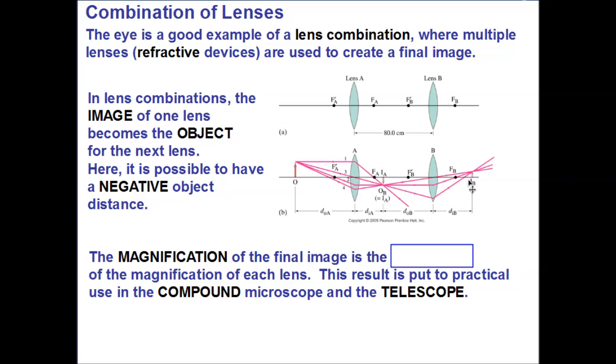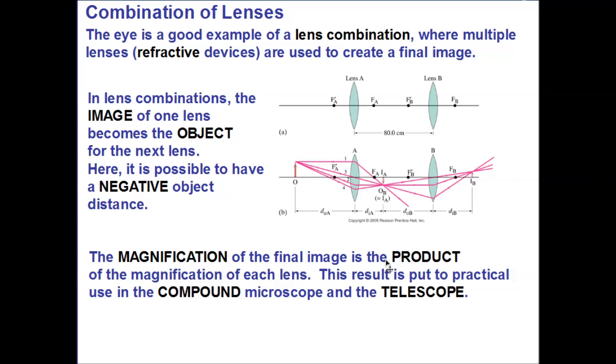Now, the magnification of the final image is the product of the magnification of each lens separately. This result was certainly put into practical use with the compound microscope and the telescope, where oftentimes we need to get a very large magnification that cannot be done, at least practically, by a single lens alone.